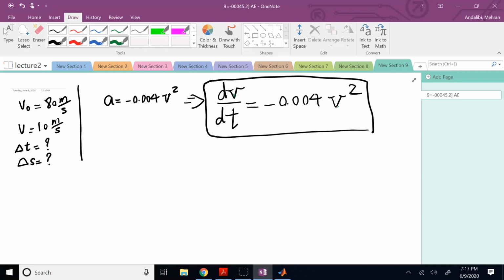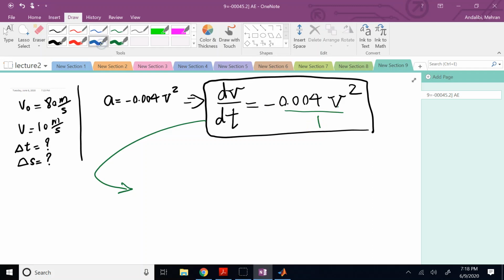And one of the most common techniques that you have probably learned in your DFQ course, when you want to solve this, is the method called separation of variables. So you bring all the v's, or all the dependent variables and their derivatives, on one side, and the time or the independent variable on the other side. I can write this number divided by 1, right?